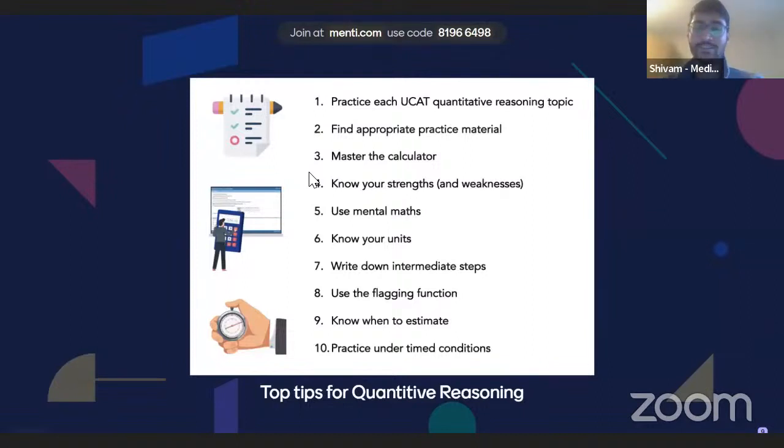Again, absolutely huge key take-home point from today is that this comes up all the time in the UCAT quantitative reasoning section. For example, exactly what Rosanna said, anyone who didn't quite understand that, I can repeat that one more time. What they do is they will insert answers.